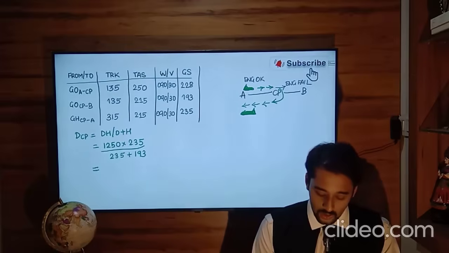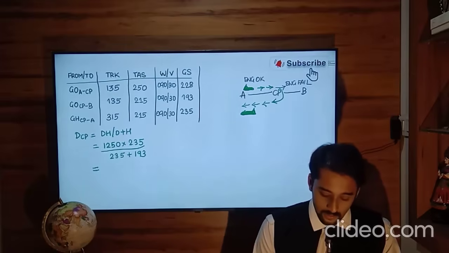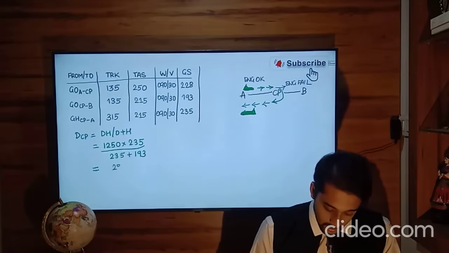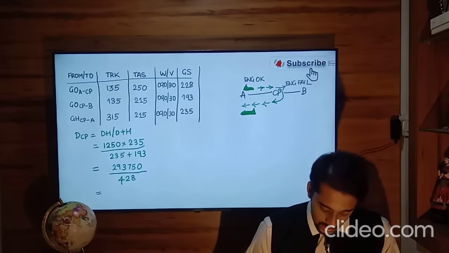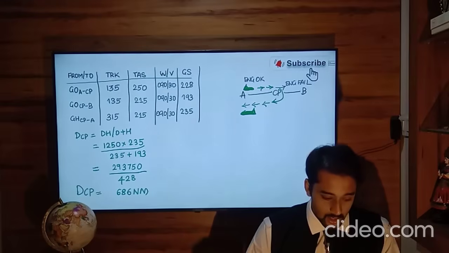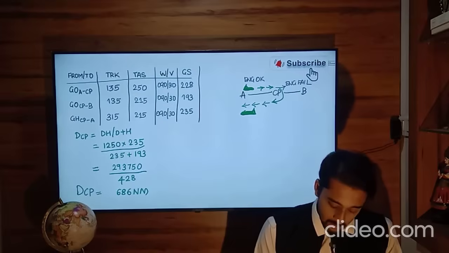So 1250 into 235 is 293,750 divided by 428. 293,750 divided by 428 is equal to 686 nautical miles. So distance to critical point will be equal to 686 nautical miles.